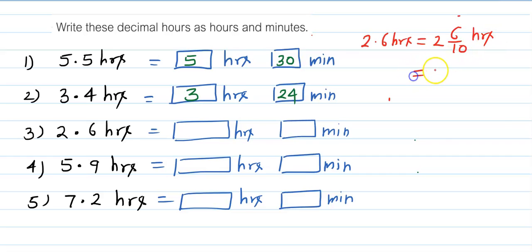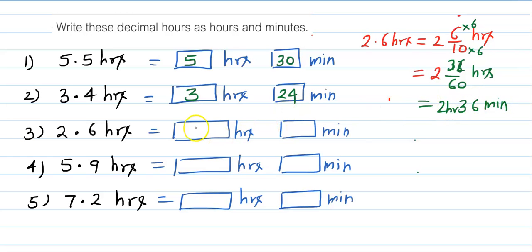Now we can make 60 in the denominator, so you times by 6, times by 6. So 2 and, 6 times 6 is 36, over 60 hours. 36 over 60 means 36 minutes. So it will be 2 hours and 36 minutes.